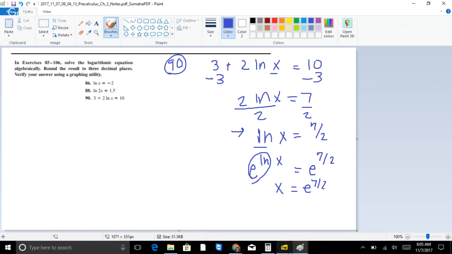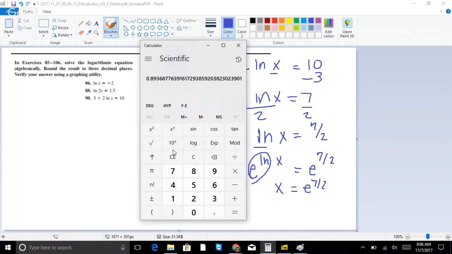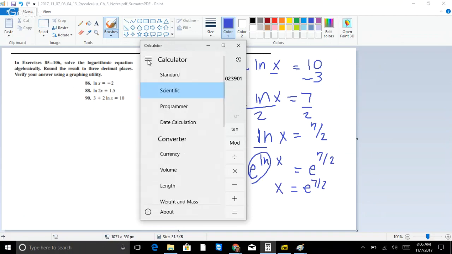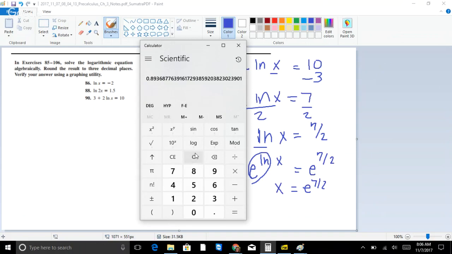And let's see if my little scientific calculator can calculate this for me. Might have failed me. I was hoping it had e on here. It does have logarithm. It does not have e. Anyway, we know it is 2.7 to the, oh, I can't even do an exponent on here.